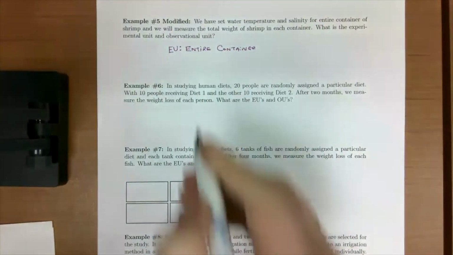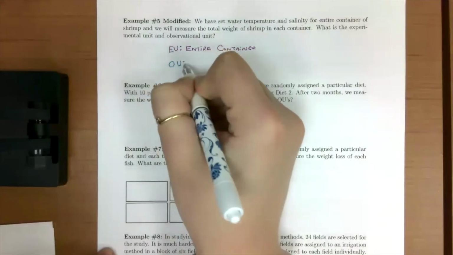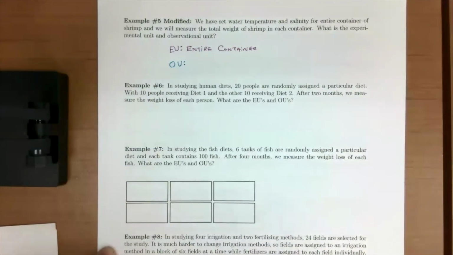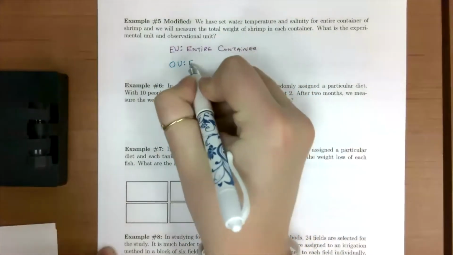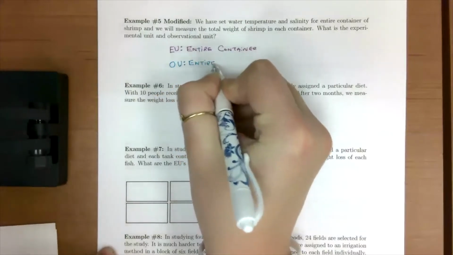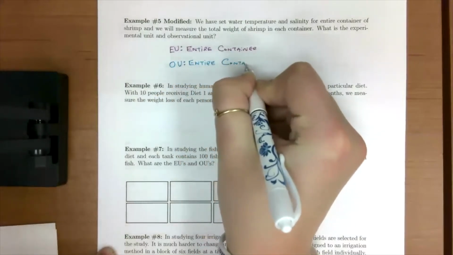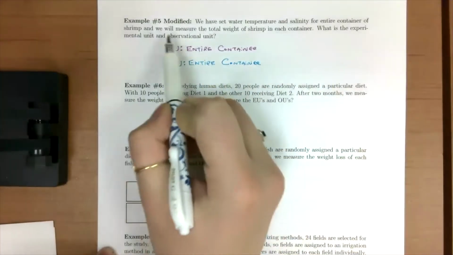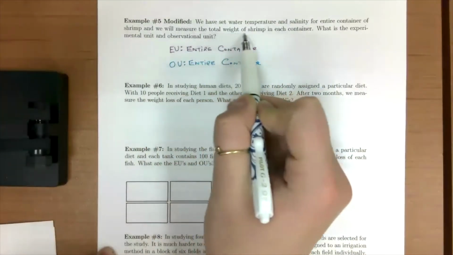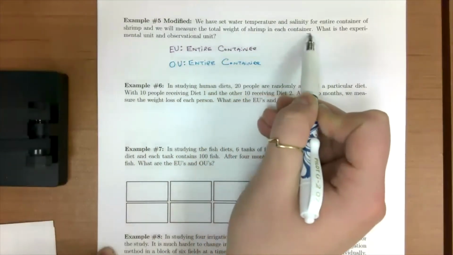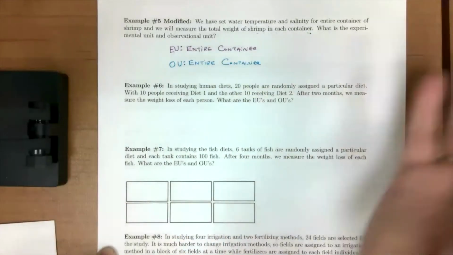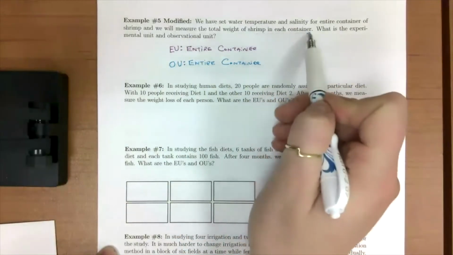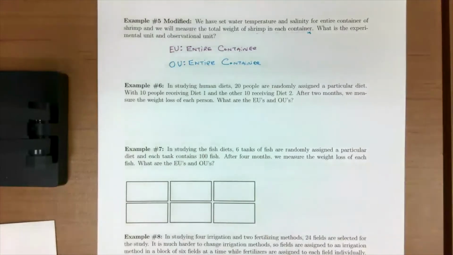And our OU is also going to be the entire container. Why? Because we're measuring the total weight of the shrimp in each container. We're measuring all the shrimp, and so it's in each container, and so our observational unit is the entire container.